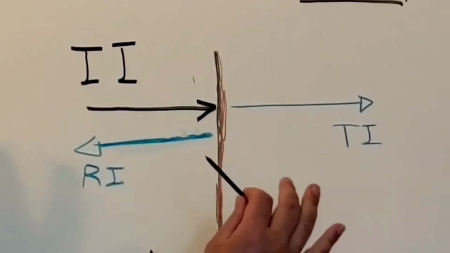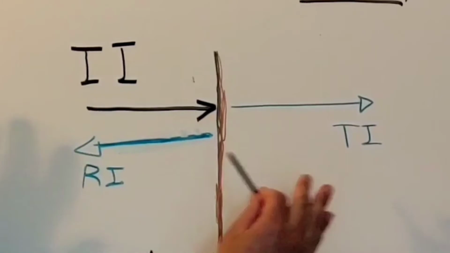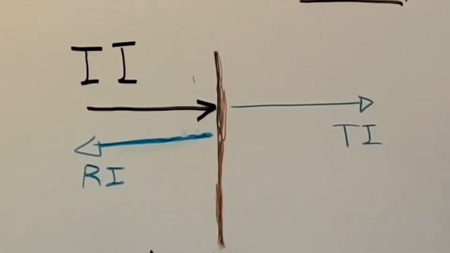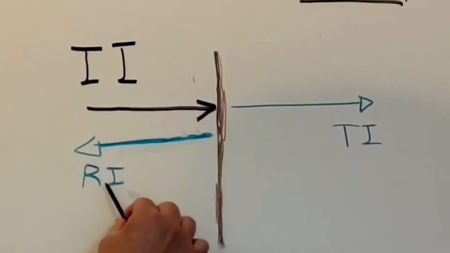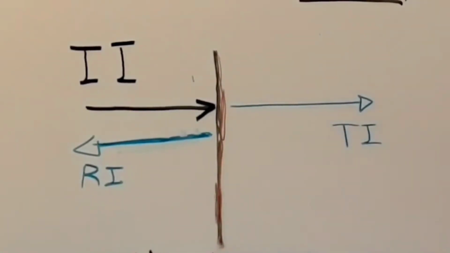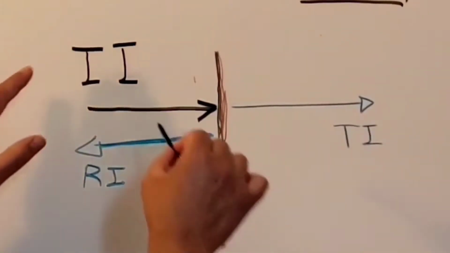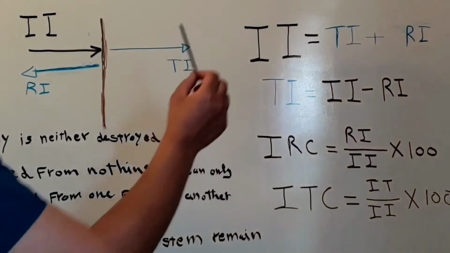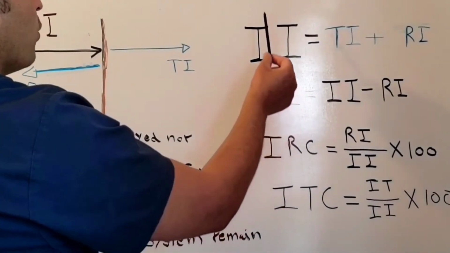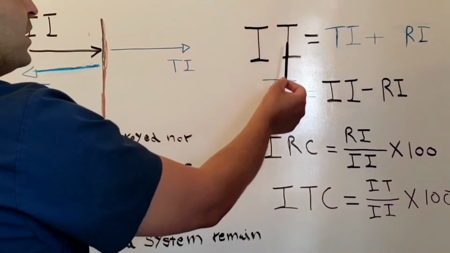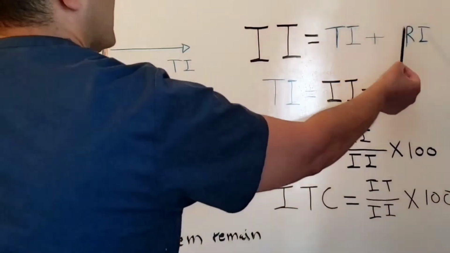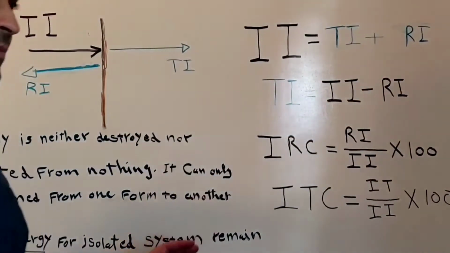Because the total energy is supposed to be the same in an isolated system, the reflected intensity plus the transmitted intensity have to always equal the incident intensity. So this is the first equation. We have the incident intensity always equal to the transmitted intensity plus the reflected intensity.